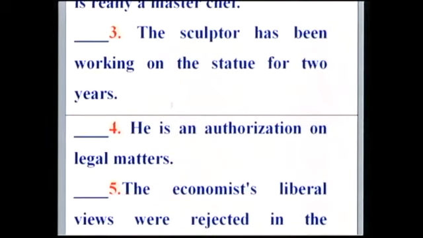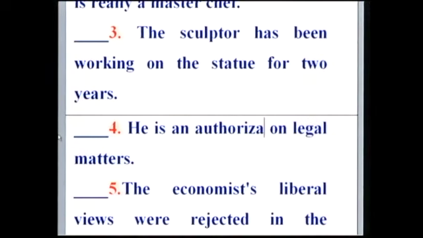Number 4. He is an authorization. Authorization TION دي دايما بتبقى نهاية الحاجة مش البني آدم. He is an authorization on legal matters, but when you are referring to the person, use the word authority.